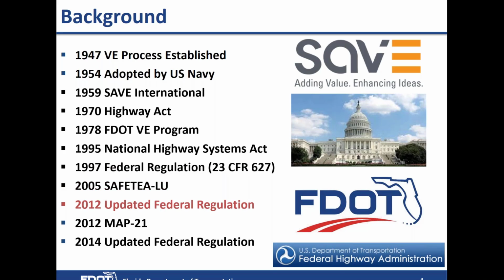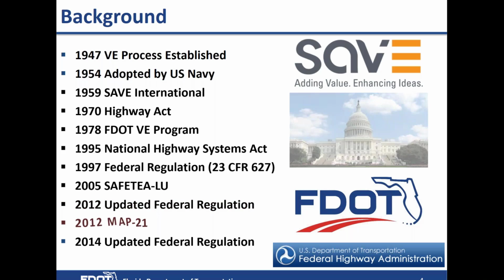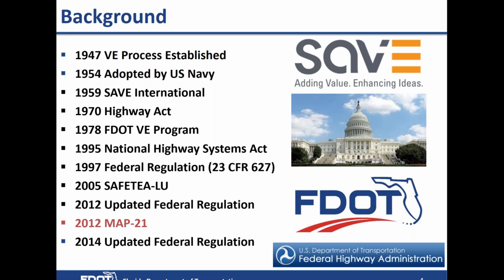In 2012, the federal regulation was updated, but had not gone into effect yet. And then MAP 21 came in and changed the law further. So in 2014, the regulation was updated, and it's the current regulation we're now going under.